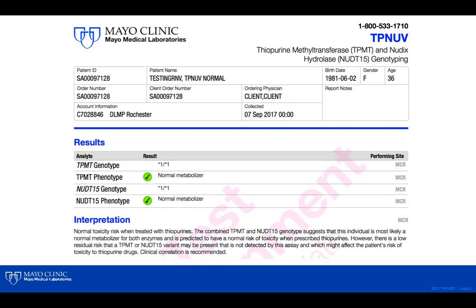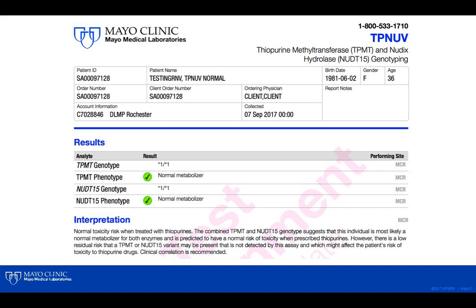This is an example of a normal report and suggests that our patient would have a normal risk of toxicity when treated with thiopurines. As you can see in the results section, in the middle of the screen, the TPMT genotype is star 1, and the patient has a normal TPMT metabolizer phenotype.